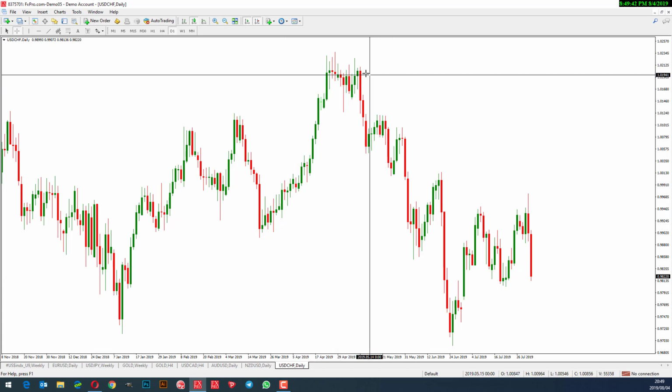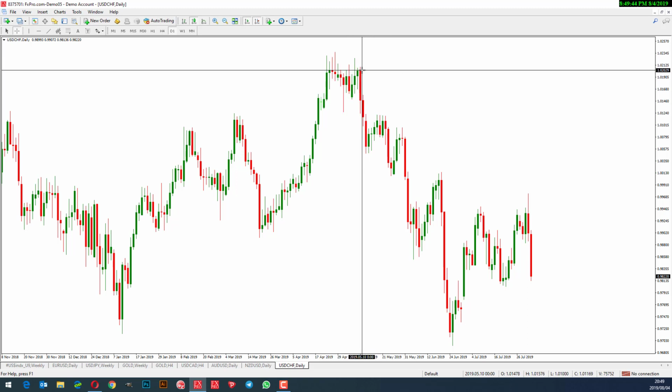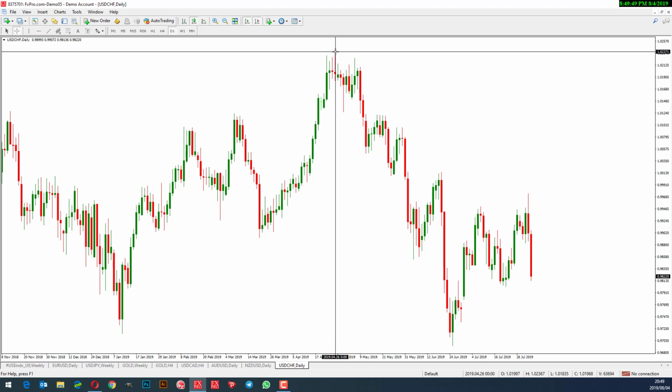For instance, if I take this crosshair from the price level of say 1.023 all the way to 0.96, that means there's 546 pips, and there's 42 candlesticks from my first entry point where I highlighted the crosshair to the position where I'm at right now. So there's like 547 pips, and the price there is 0.96.